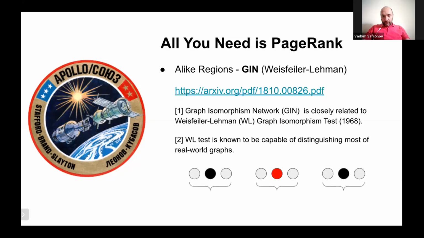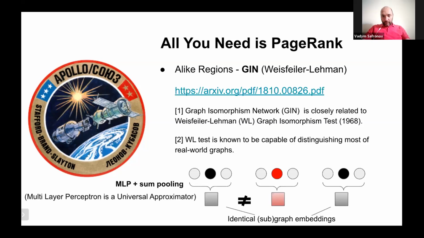This algorithm combines colors of nodes into a color of a graph. And by comparing those resulting embeddings, we reason about whether or not two graphs are alike. And if those graphs are not alike, we have different embeddings. And it works quite simply, just a multi-layer perceptron and a global pooling of nodes.